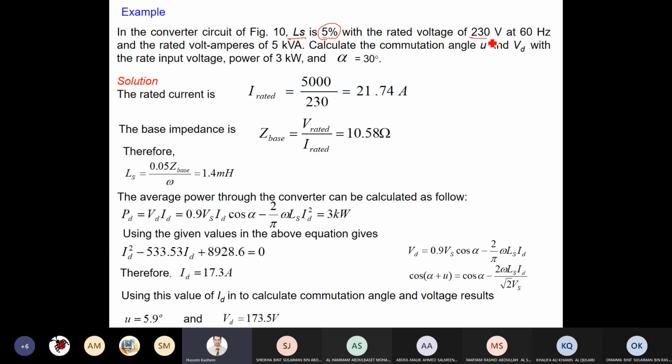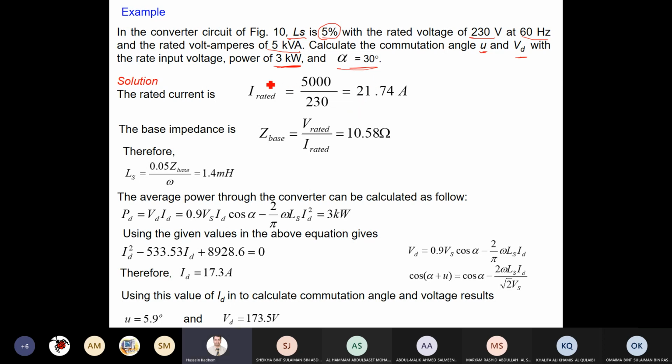With a rated voltage Vs of 230, this is VRMS as you know, 60 Hz is the frequency, and rated volt ampere S is 5 kVA. Calculate the commutation angle u and Vd with the rated input voltage and power of 3 kilowatt. Alpha is given to you as 30.